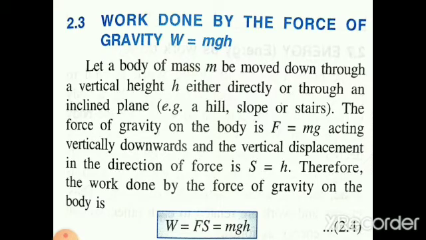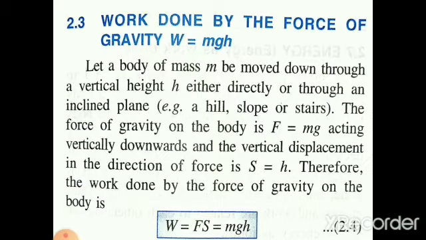Therefore the work done by the force of gravity on the body will be, you know that the formula to find the work done is force into displacement. Here force is mg and displacement is h, so W is equal to mgh.